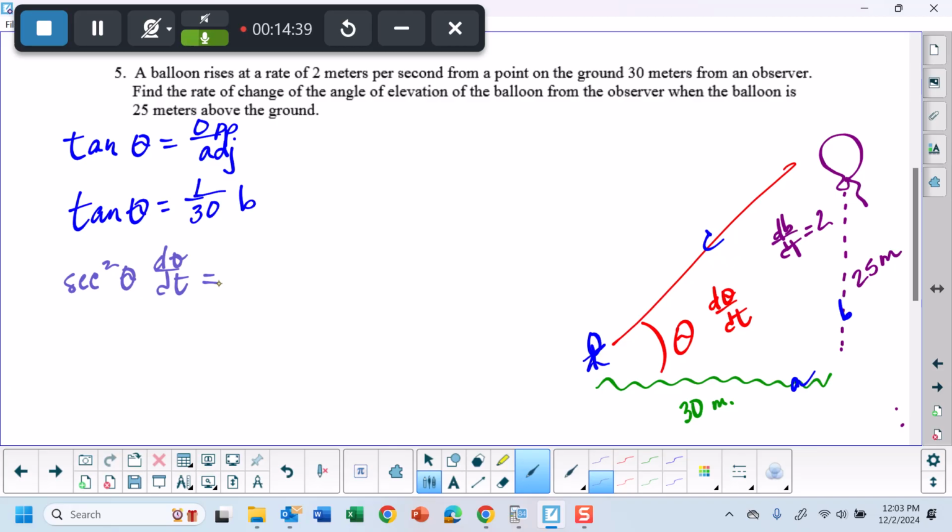And then when I look here, I'm just going to have 1/30th, and then this is going to be dB dt. And that simplifies things significantly, so you don't have to necessarily do the power rule or the quotient rule.